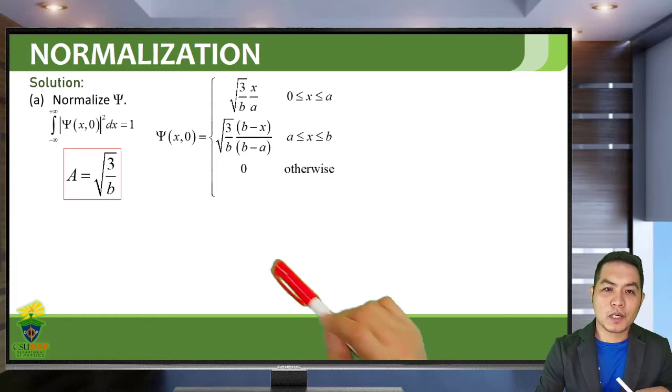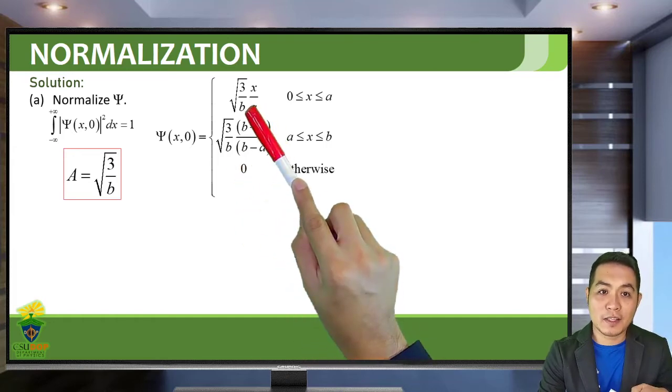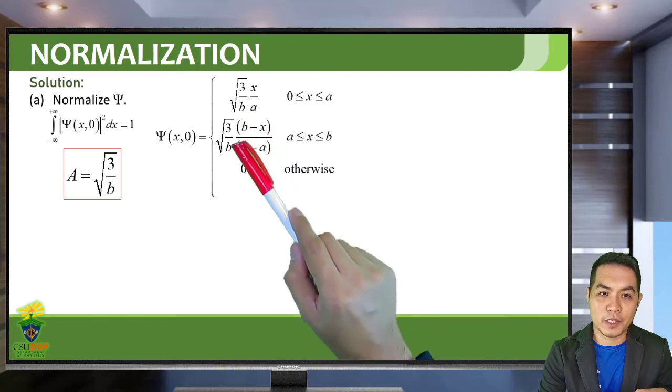And your initial wave function will now look like this. You just replace A by the square root of 3 over b.